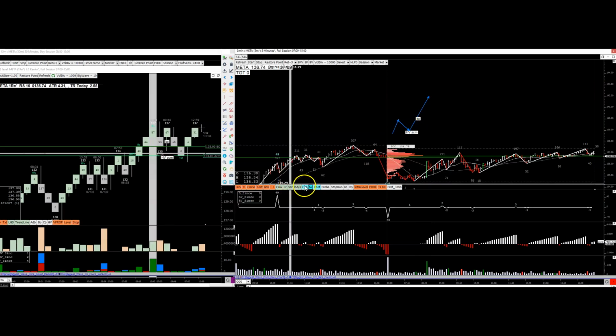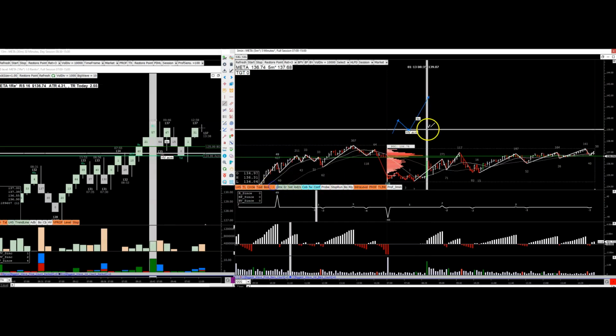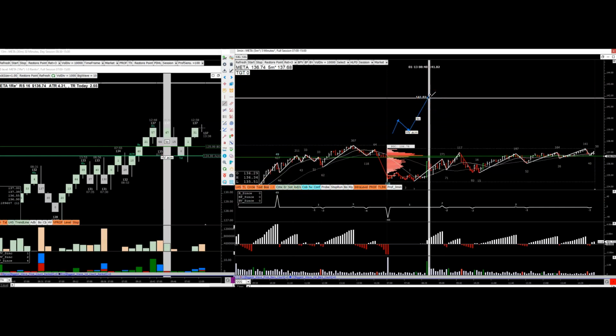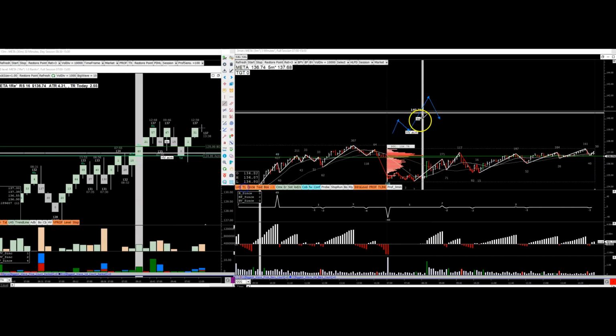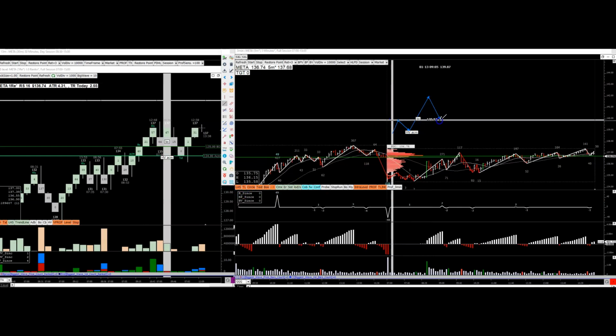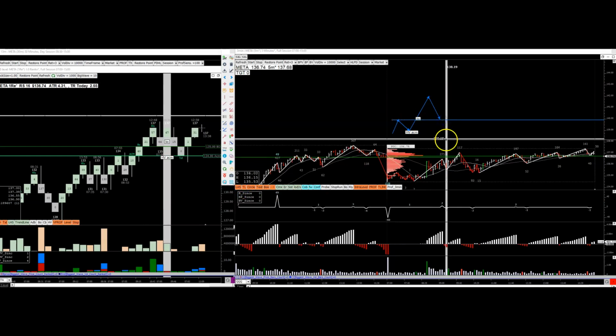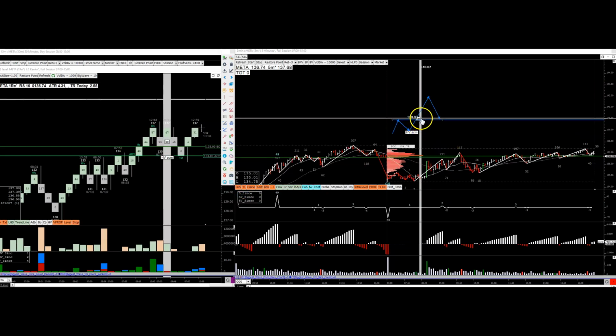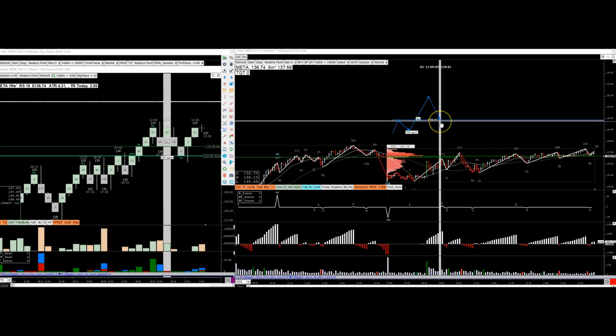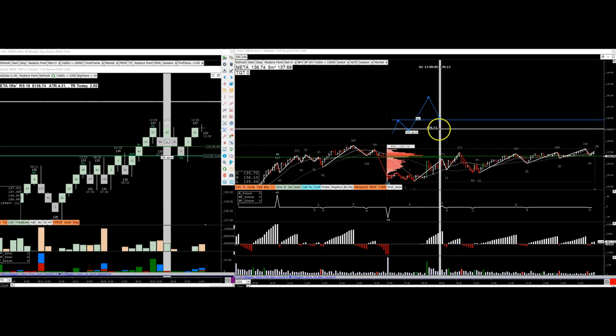Now, the pullback. Everybody knows one of the most standard setups is not only the breakout, but the test of the breakout, what a lot of Wyckoff traders call testing the creek or back up to the creek. Now there is actually a derivative of this.